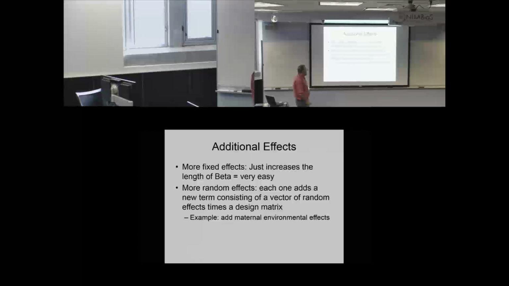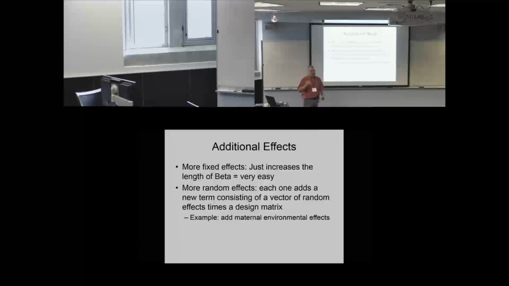However, if you add more random effects, each one adds a new term consisting of a vector of random effects times a design matrix. That gets back to, I believe, Roberto's question about including marker information. The example I have for you is, what if you want to look at maternal environmental effects?